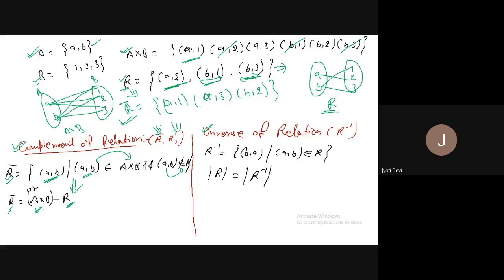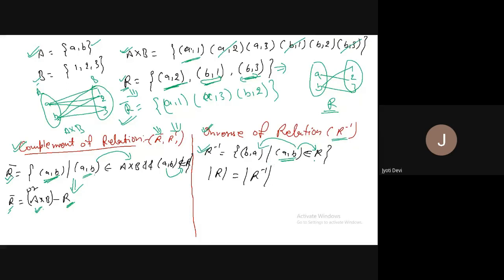Okay, the inverse of a relation is represented by R inverse. The definition of R inverse is: if (a, b) belongs to the relation, then the inverse of the relation contains (b, a).